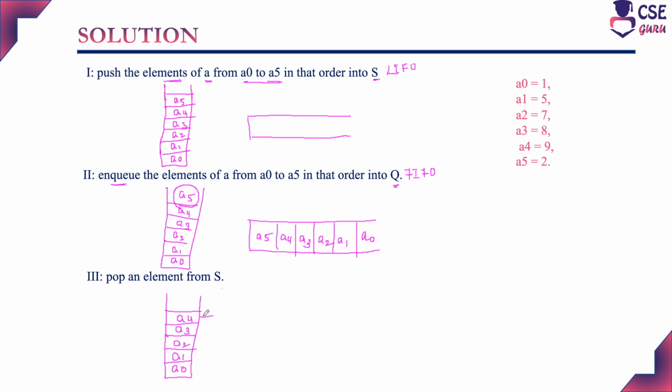Now the top element of the stack is A4. The queue will be as it is, with no changes.